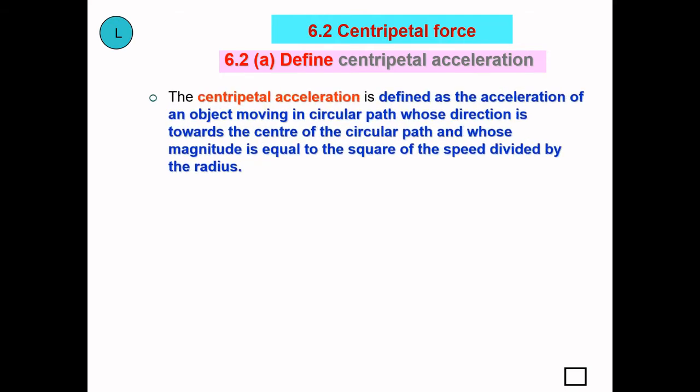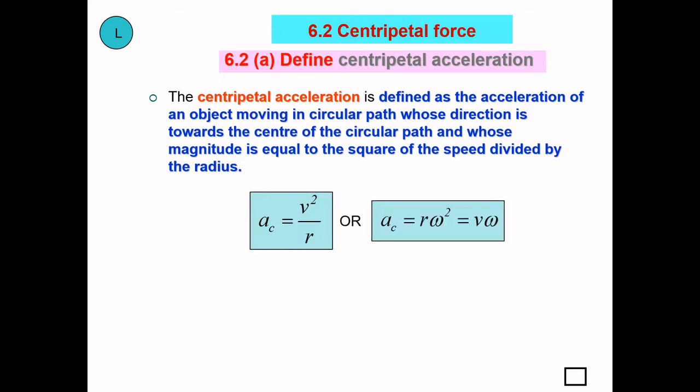Centripetal acceleration can be defined as the acceleration of an object moving in a circular path whose direction is towards the center of the circular path and whose magnitude is equal to the square of the speed divided by the radius. To calculate the value of centripetal acceleration, we can use the formula ac equals v squared over r, or ac equals r omega squared, and v omega.